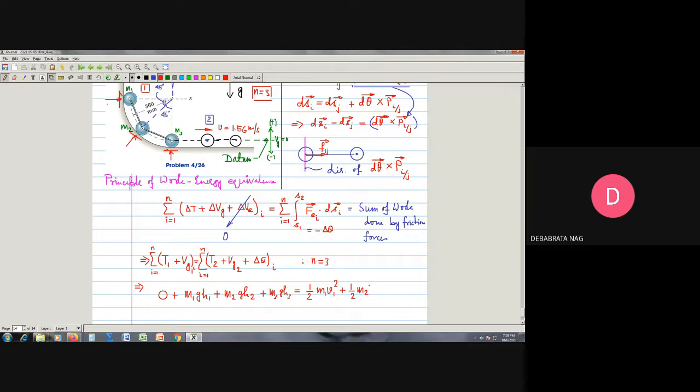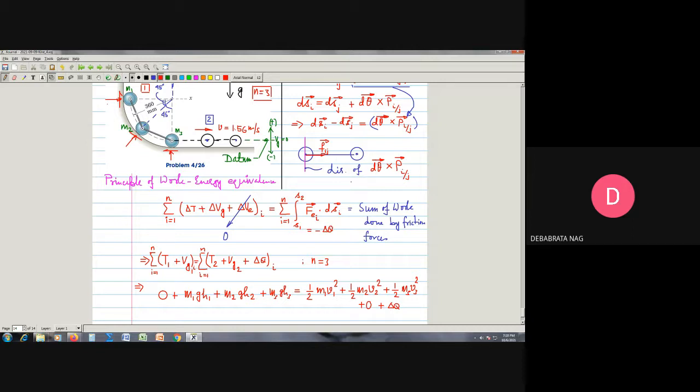First I write the general form of the equation, and then we will apply our simplification. Then we have the gravitational potential energy. Since this final configuration has been taken as the datum line, this part will be 0, and we have the loss in friction, that is delta Q.